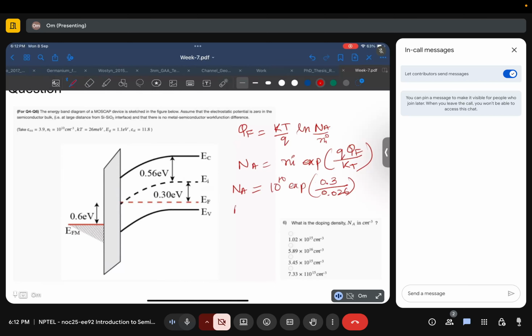So if we solve it, Na will be 1.02 into 10 to the power 15 per centimeter cube. So this is option A.